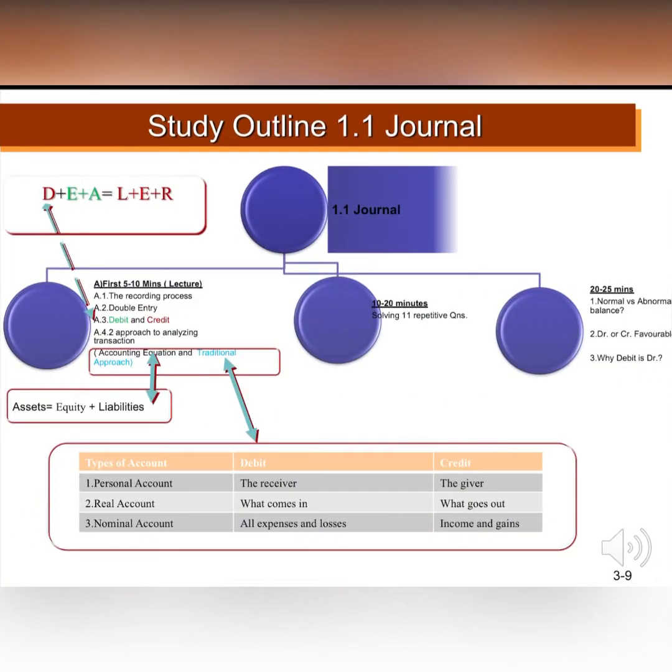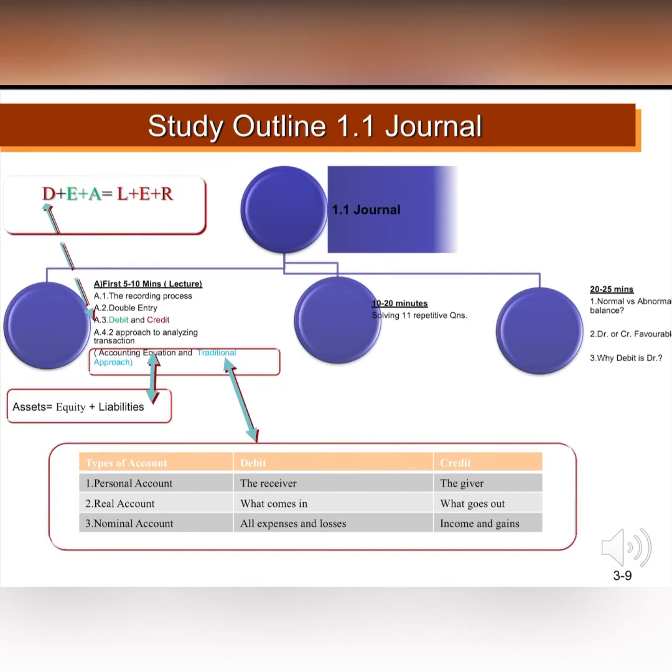So we have talked about the recording process, double entry, debit and credit. For analyzing the transactions we have two approaches. One is the accounting equation, assets equal equity plus liabilities, which I will be doing in lecture 1, and the other one is the traditional approach.